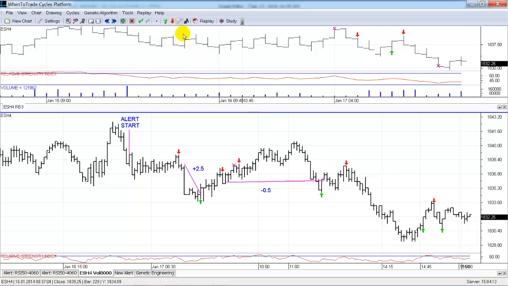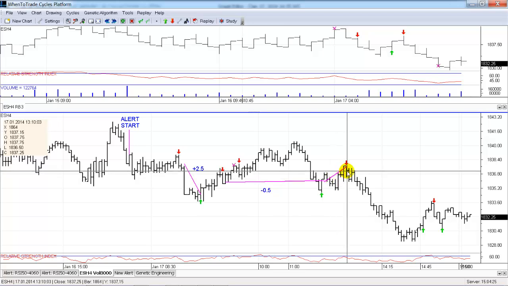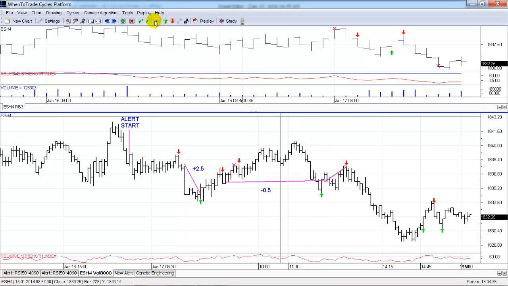So let's just draw it on the chart. So it was this trade here, and the level was 1836.25, 1837. Yeah, this was a plus 0.75 trade here, and then we had this short signal here at this close here, and then we had this short trade until this long signal came in at this level here.